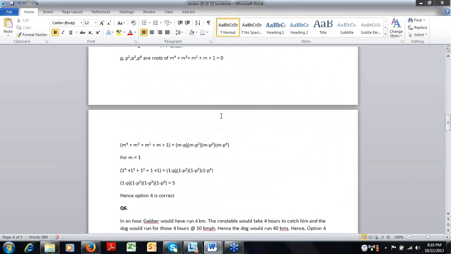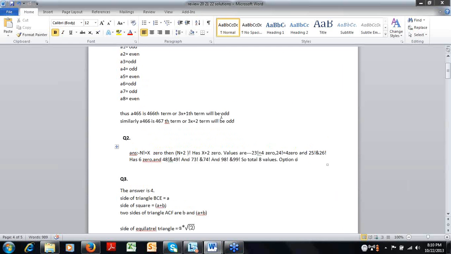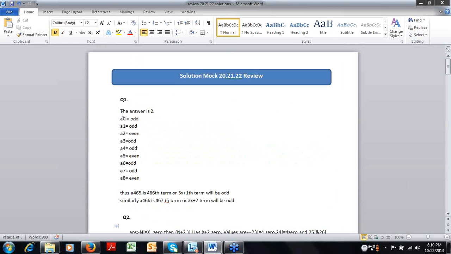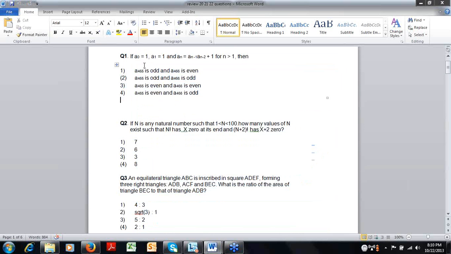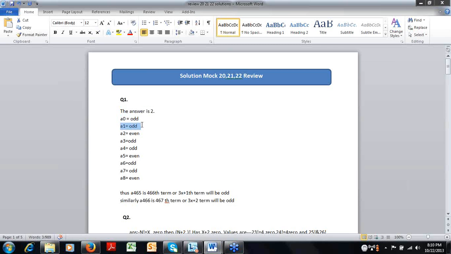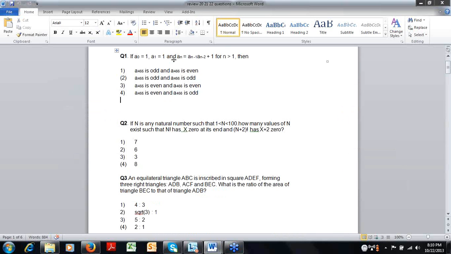So what we will do is, a0 is odd. It is given a0 is 1, so a0 is odd, a1 is odd, a1 is 1.